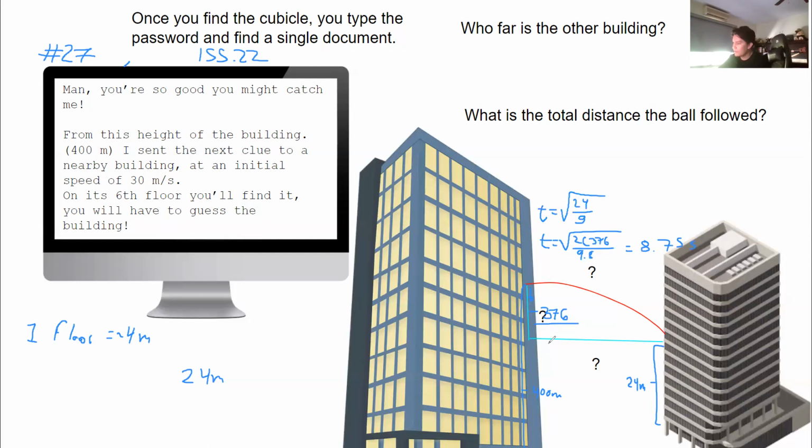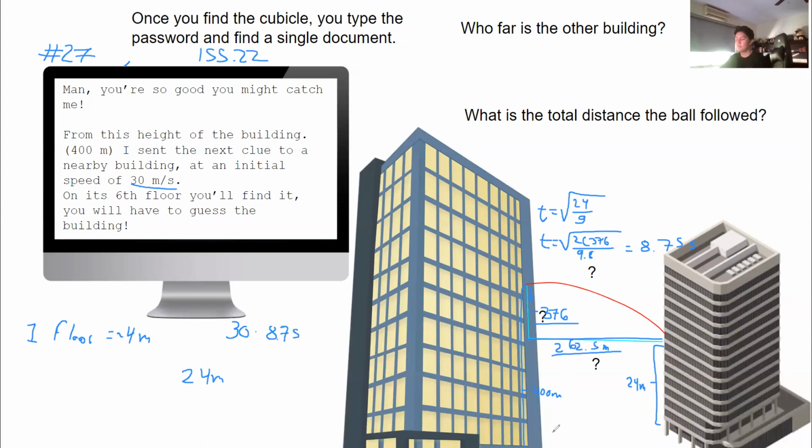Using this, we can also calculate the horizontal distance with the 30 meters per second. We just have to multiply 30 times 8.75, since the horizontal velocity doesn't change. And that will be a distance of 262.5 meters.